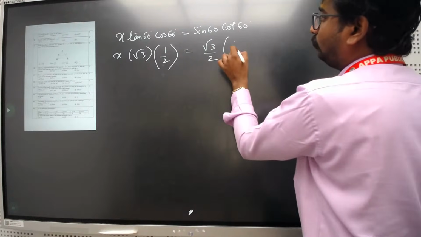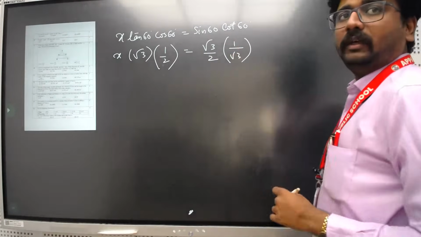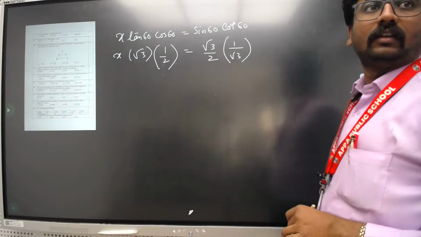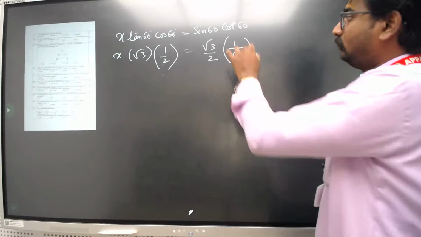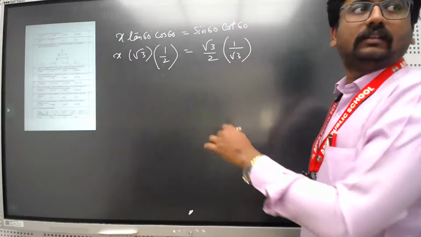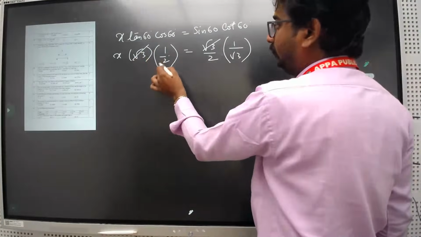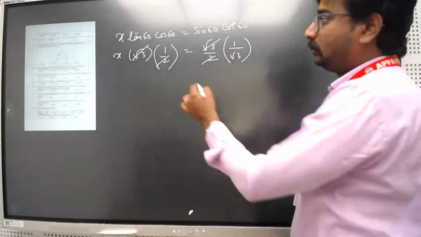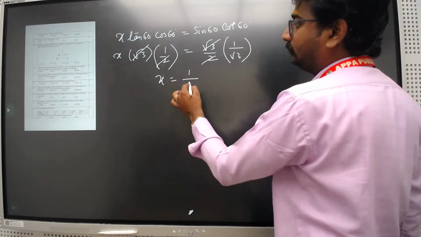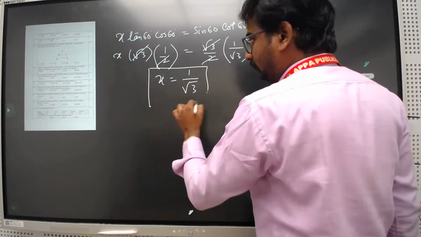Cot 60, 1 by root 3. Many of you will cancel like this. Root 3 cancel, 2 cancel. Now what is remaining? x equal to. This should actually be the answer.